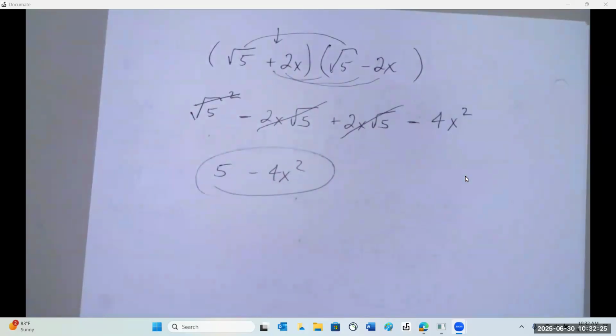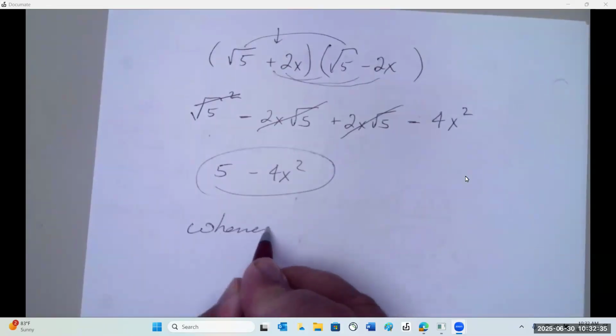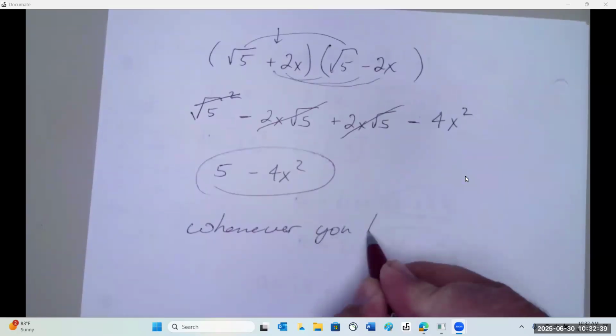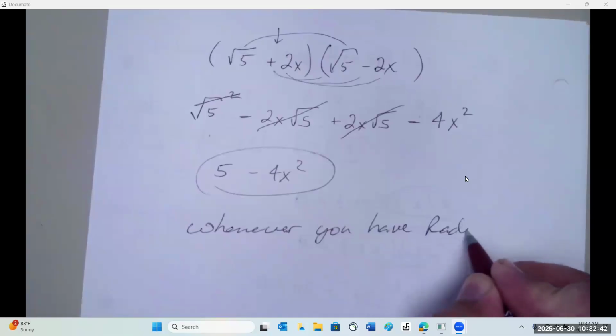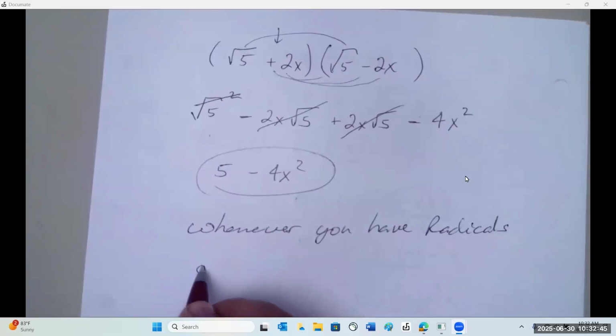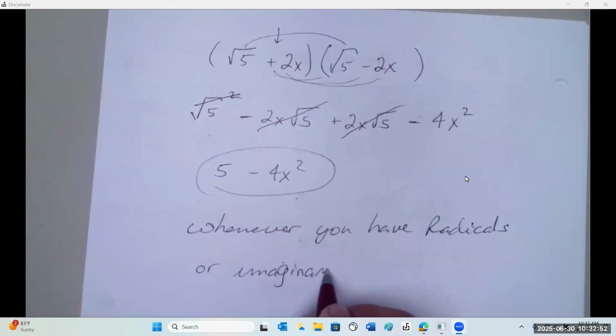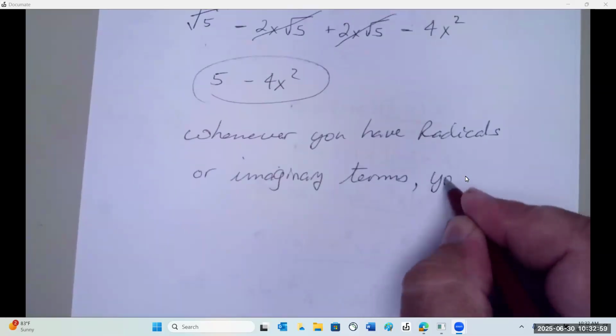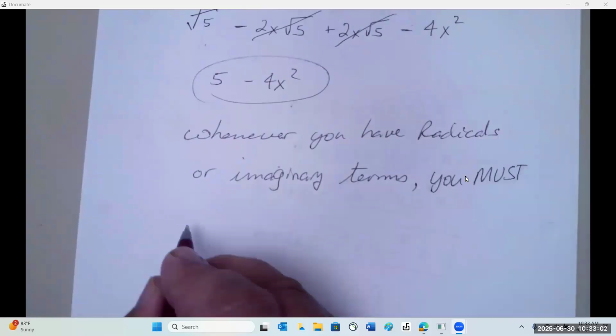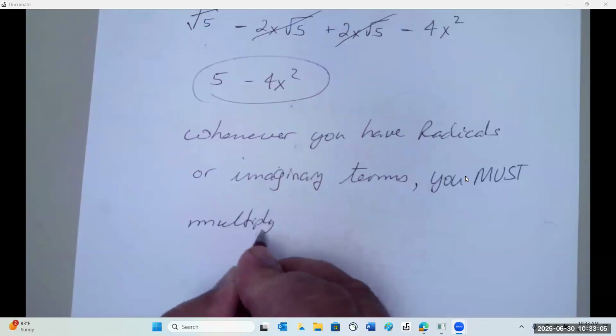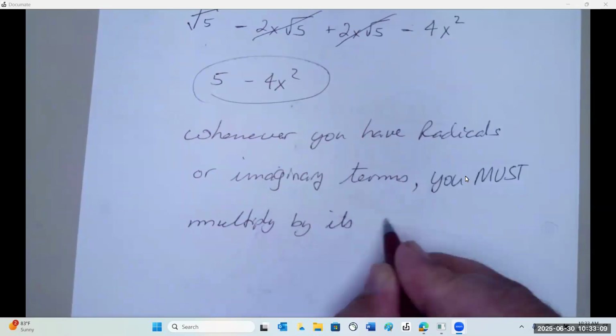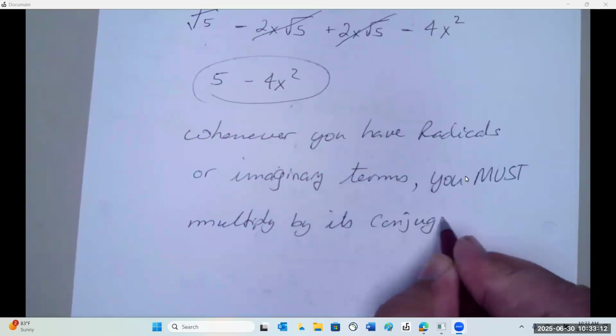Notice the radicals are gone. So whenever you have radicals or imaginary terms, you must multiply by its conjugate pair.